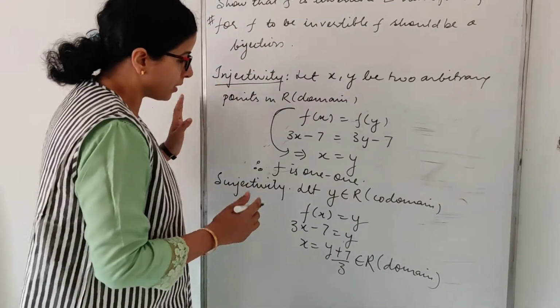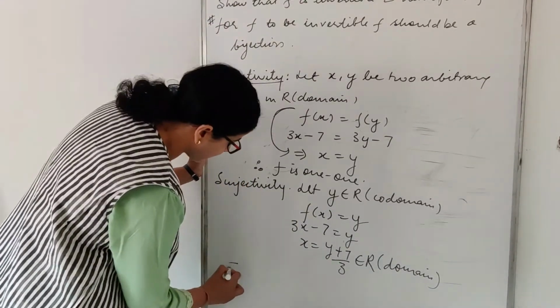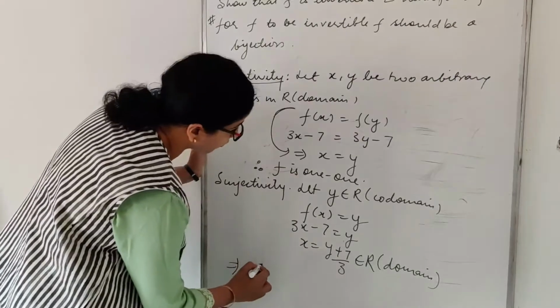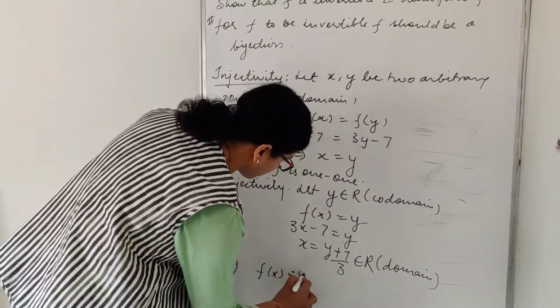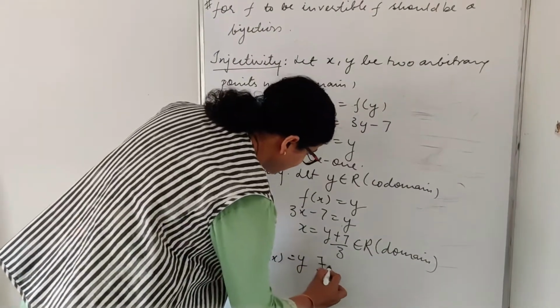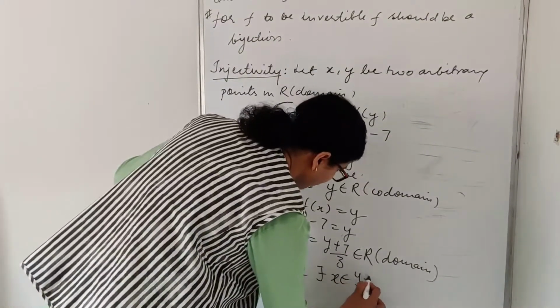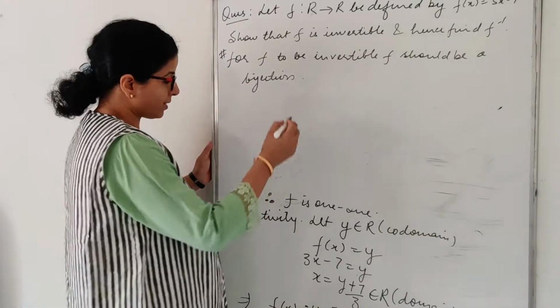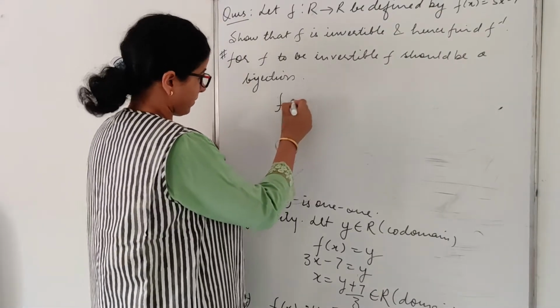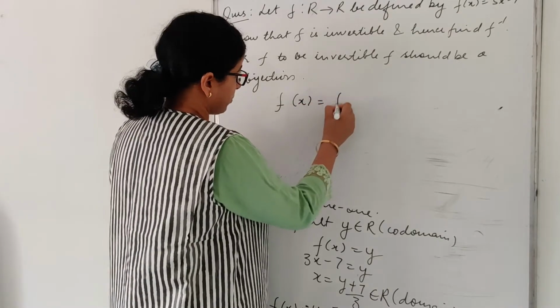So this implies for every f(x) equals y, there exists x equal to (y + 7)/3 in the domain. So this implies f(x) equals f((y + 7)/3).